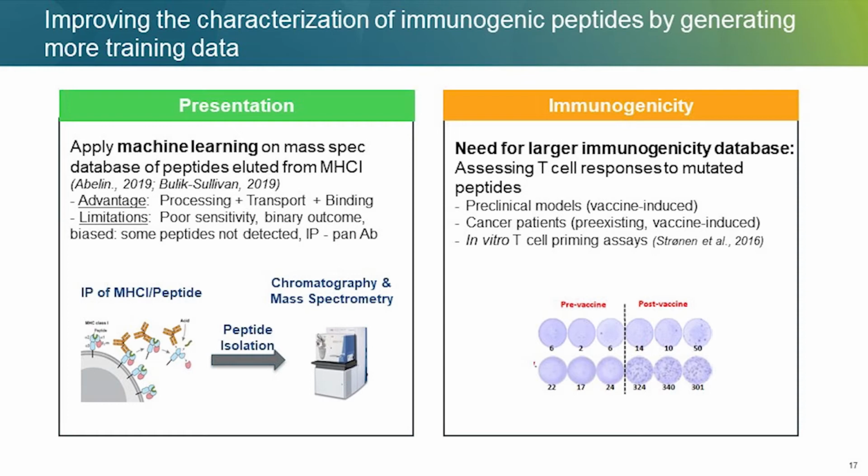I think it has been very important for the field to do an in-depth analysis of the T-cell response following vaccination, so we can better understand the determinants that lead to immunogenicity of these peptides.